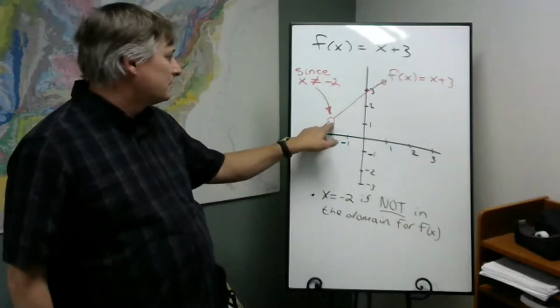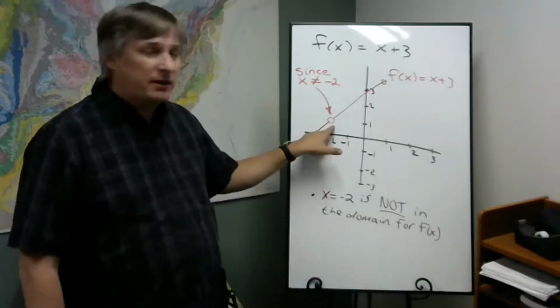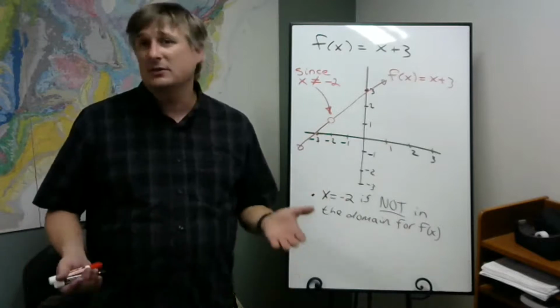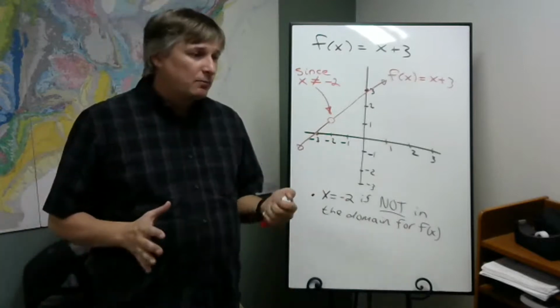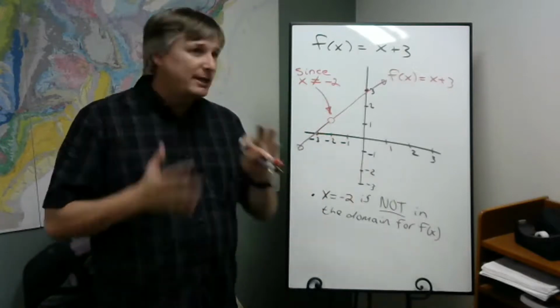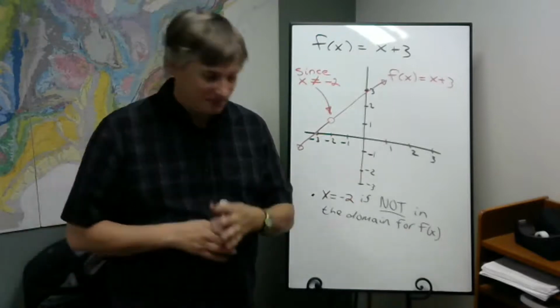So that means, unlike the line y equals x plus 3, f of x equals x plus 3, this reduced function, has a hole at x equals -2. So just something to keep in mind. You probably will have a chance to graph functions like this, and just keep an eye out for where you're going to need to put one hole, maybe more.